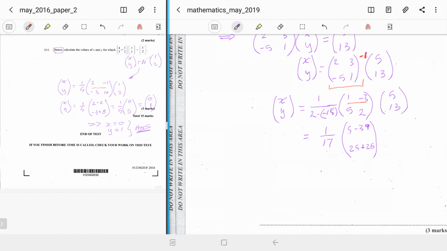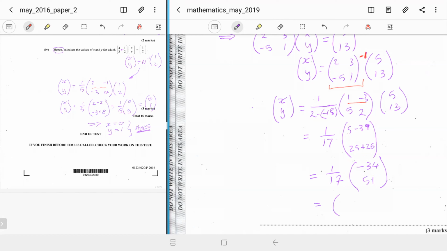Written out, this equals 1 over 17 bracket, this works out to negative 34, and that works out to 51. So you see that these are perfect multiples of 17, so you can divide each of them by 17.